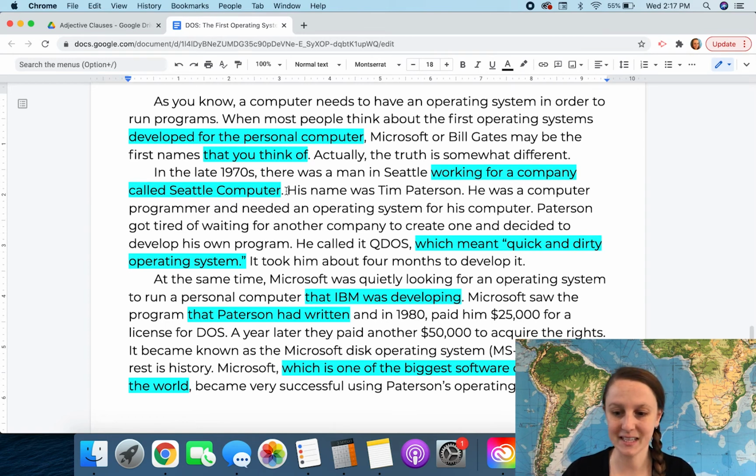All right, let's continue. He was a computer programmer and needed an operating system for his computer. Patterson got tired of waiting for another company to create one and decided to develop his own program. He called it QDOS, which meant Quick and Dirty Operating System. It took him about 4 months to develop it. So we have a couple of options here.